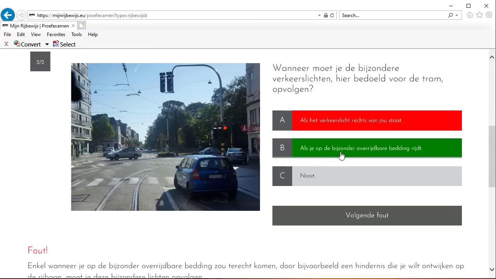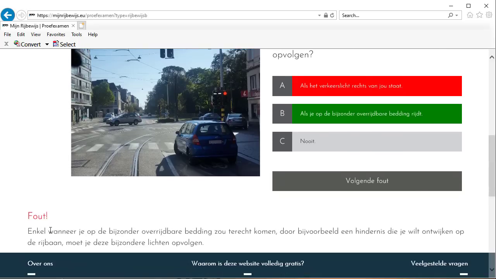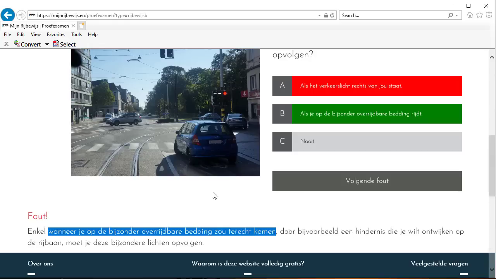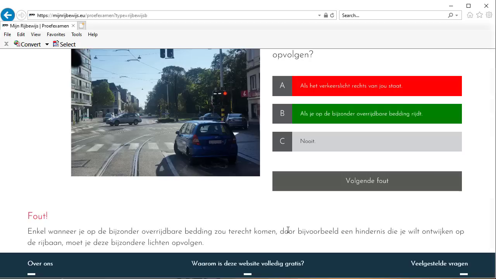For example, when there is a blocked road, there is a hindrance, and you want to avoid that, and then you are riding on this special lane. Only then you follow the lights for this special lane.